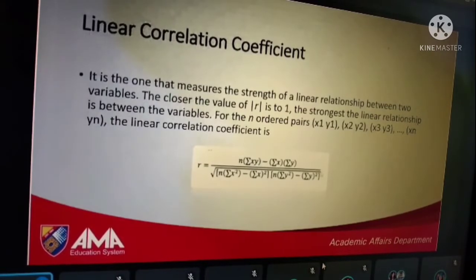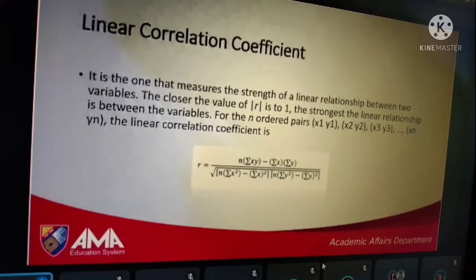Okay, linear correlation. Ito rin po yung formula for the linear correlation. It is represented as R. No? It is the one that measures the strength of a linear relationship between two variables. Kung gaano katindi yung relasyon ng dalawang variables na ginagamit mo with your research.